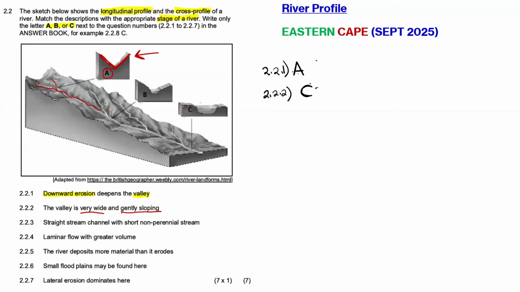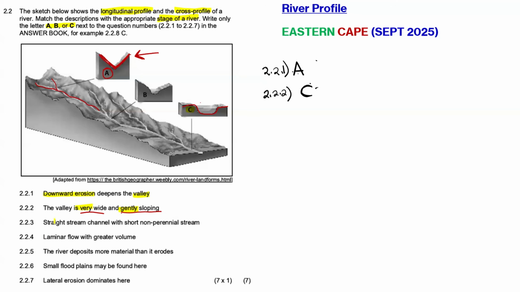But we still have lateral erosion that keeps making this valley become U-shaped, so it becomes wider. So this keyword very: it is very wide and the slope is gentle. That is definitely a lower course, and that is represented by the cross profile C.